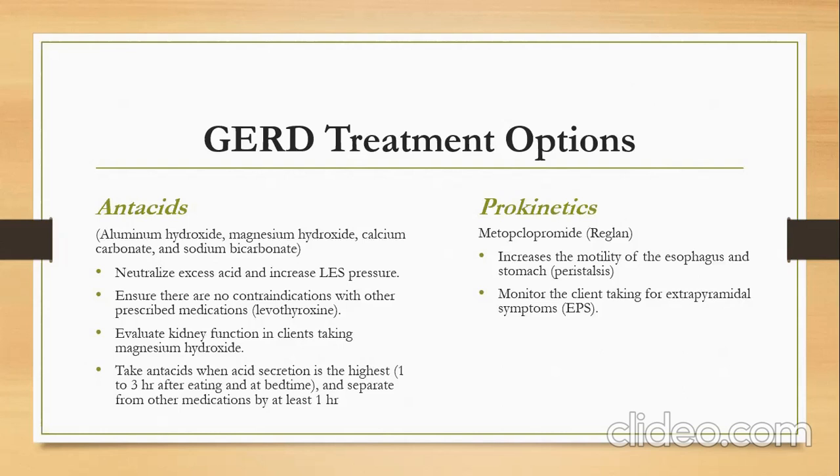You want to be very cautious in giving these people excess magnesium because they're not going to be able to excrete it. And we'll talk about more of this later, but magnesium plays a part in your cardiac rhythm. So you don't want to load these kidney people up with excess magnesium.